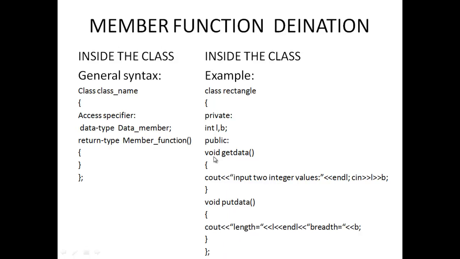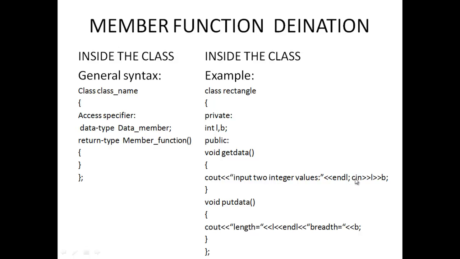So when we declare functions at this position, we write the body of the functions. First we write cout, then the insertion operator, then within double quotation marks we display some text, and then I am writing endl. Endl is nothing but the newline character, and this line is finished with a semicolon.